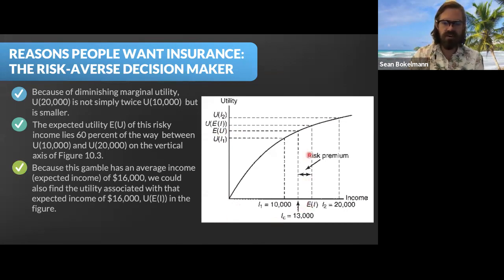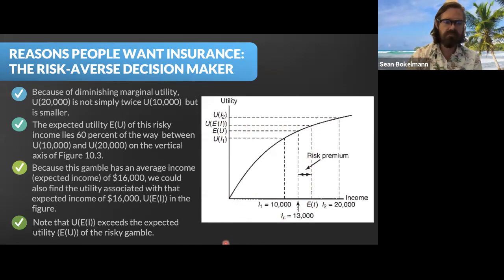And like I said, we found the expected income and we can calculate the utility of the expected income. It's right here, and that's higher than the expected utility of the two risky incomes, right? The utility of the expected income versus the expected utility of the gamble.